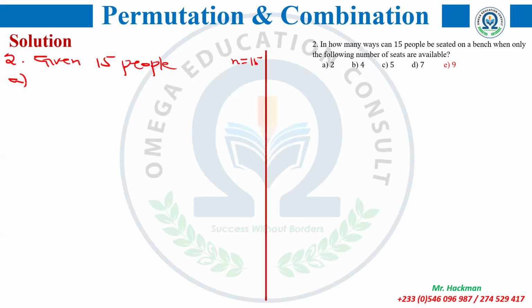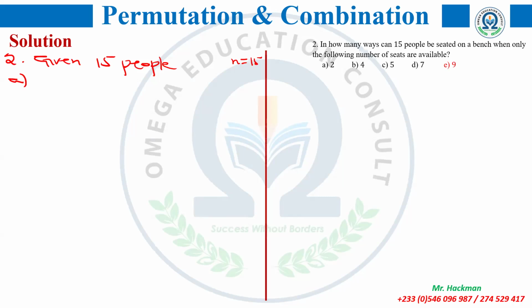We are looking for the number of ways. From A, if 2 seats are available, then like I was saying, I have 15 people, but because 2 seats are available, I can only pick 2 at a time and arrange. I cannot go beyond 2. Is my point well made?